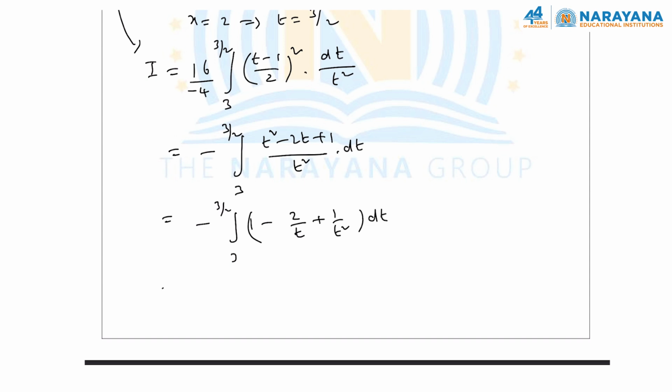Now if I integrate this, what I am getting? t minus 2 ln mod t, and this will be minus 1 by t. Integration of 1 by t square will be minus 1 by t, from 3 to 3 by 2.